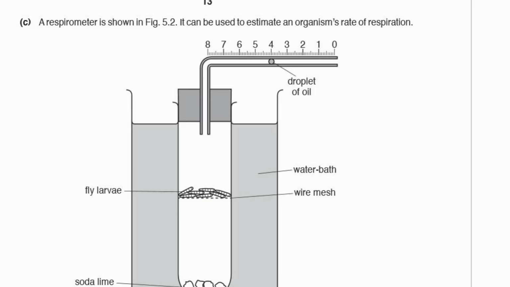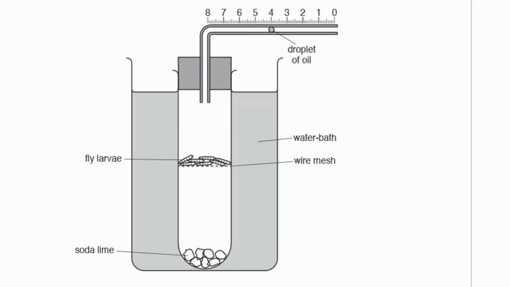C. A respirometer is shown in figure 5.2. It can be used to estimate an organism's rate of respiration. So this is a respirometer. We have a water bath to keep everything at a nice consistent temperature. We have some fly larvae sitting on a wire mesh. The reason they're on a wire mesh partway up is because some soda lime is down at the bottom.